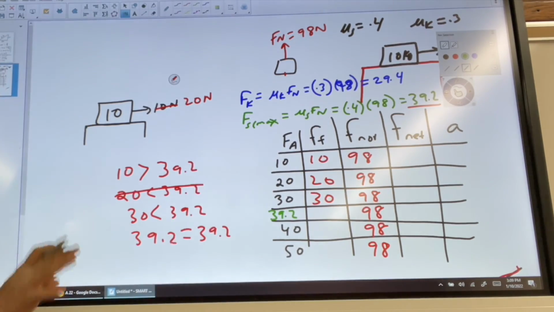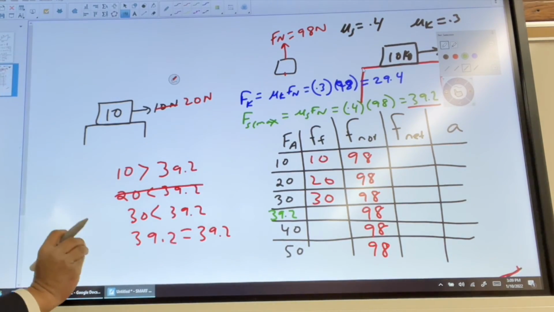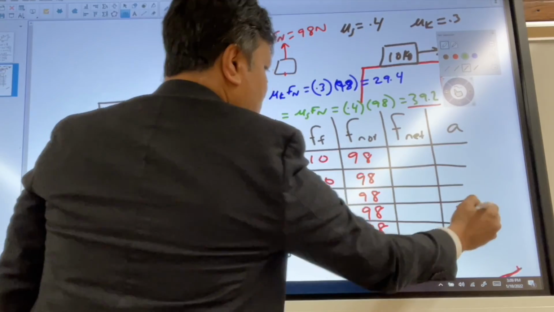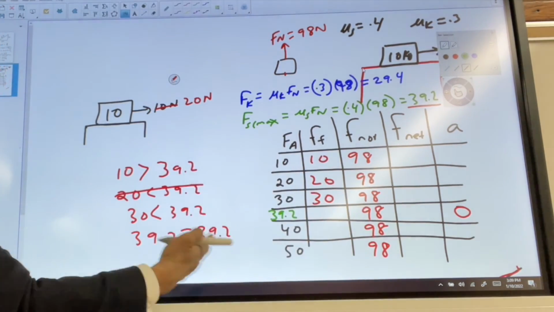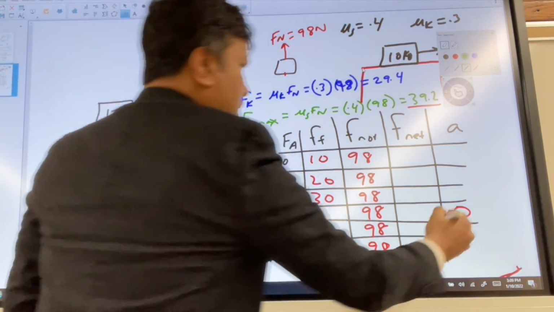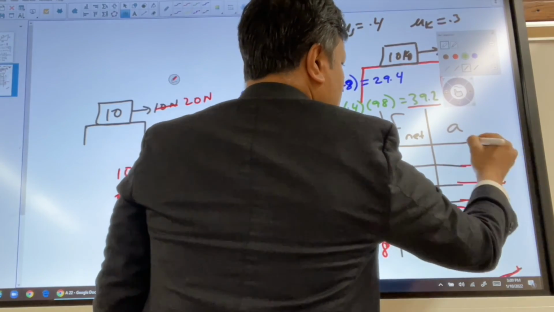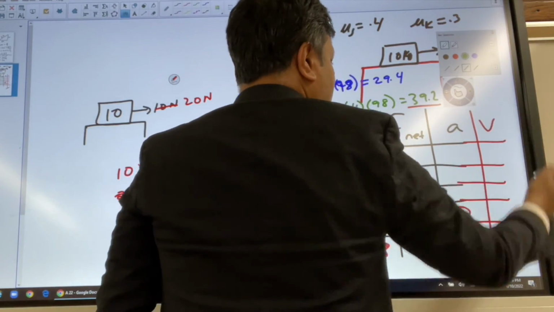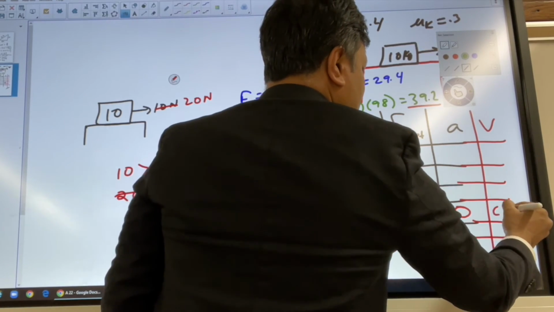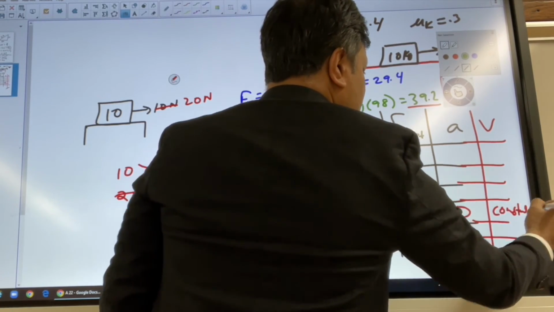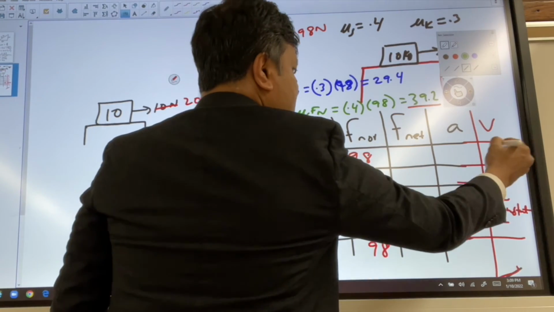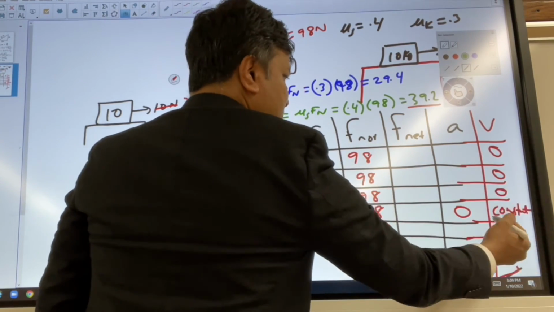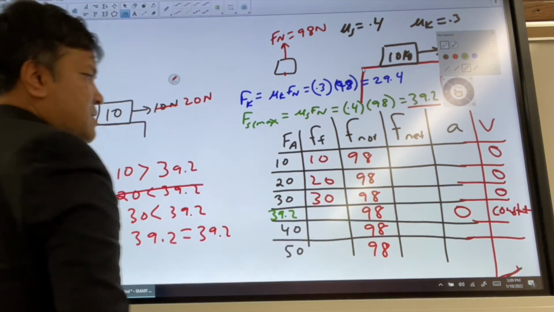So there would not be any acceleration. Acceleration would be 0, because the object would move with constant velocity. In the earlier cases velocity would be 0, but in this case the object will move with constant velocity.